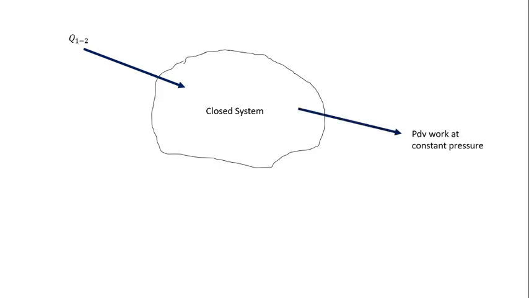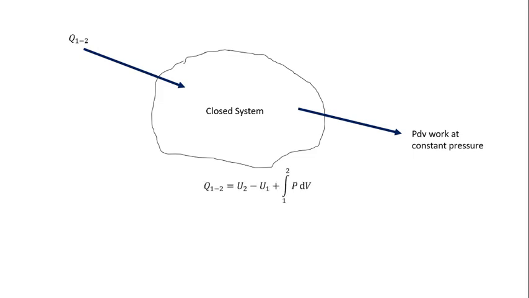So now if we consider a closed system which is drawing some heat Q and which is delivering some work W, and let's consider that the work is a displacement type of work or PdV work and the work is performed at constant pressure, and for this the system is changing its state from 1 to 2.